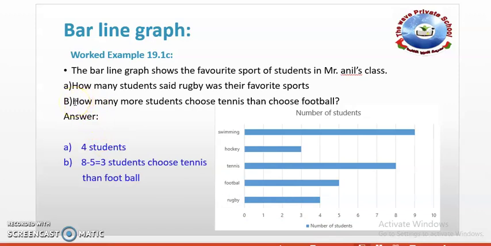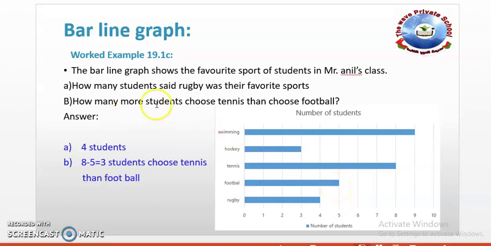What is part B of this example? How many more students choose tennis than choose football? Now just see how many students choose tennis. Here it is tennis. 8 students like tennis, and for football, see here, the number of students is 5.